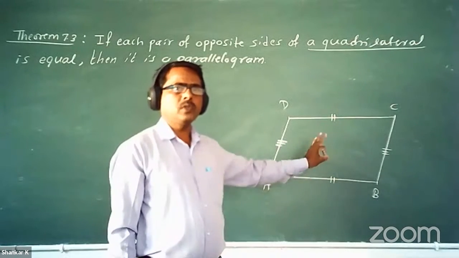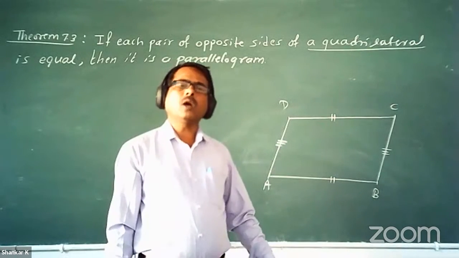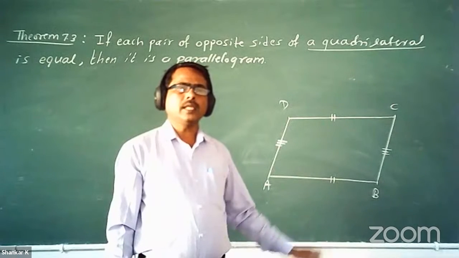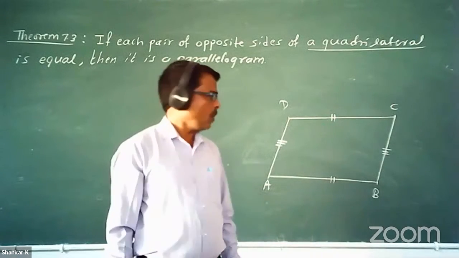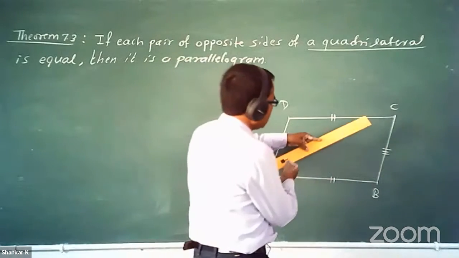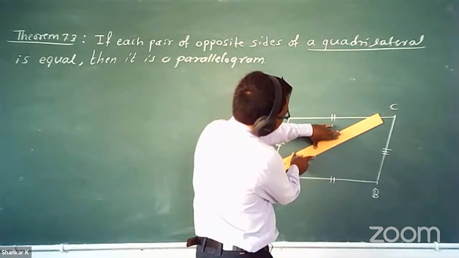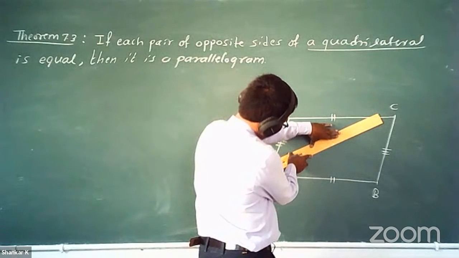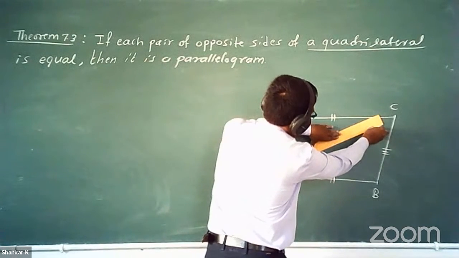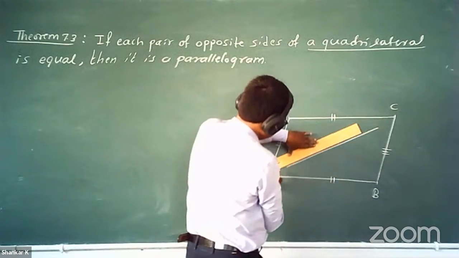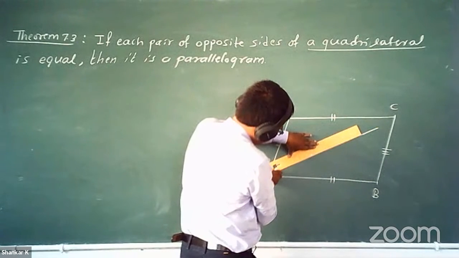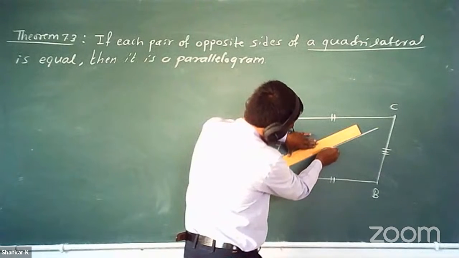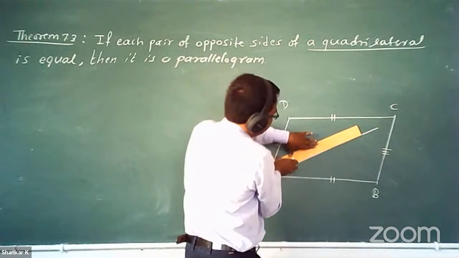You have to prove opposite sides are parallel. How to prove? Draw the diagonal, means you should draw AC. This proof is very simple.